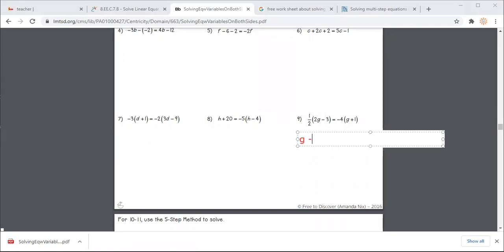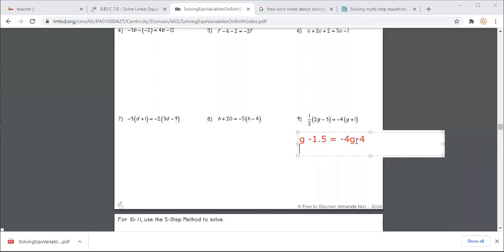Minus half times 3, which is 1.5. This is equal to negative 4 times g, negative 4g, and then negative 4 times 1, which is negative 4, right?